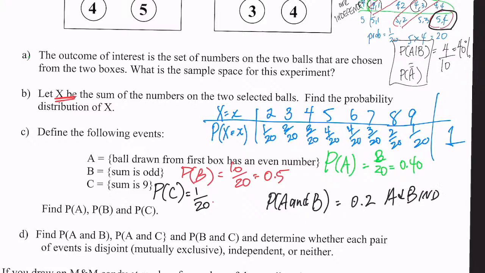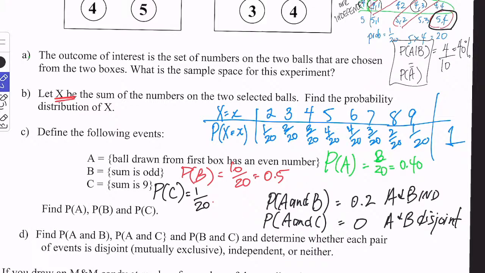I'll just put independent like that. Not A and B, but A and C. So A and B are independent, A and C disjoint. What about B and C? So B again is the red, it's the chance of an odd sum, and C is the chance of the sum being 9.